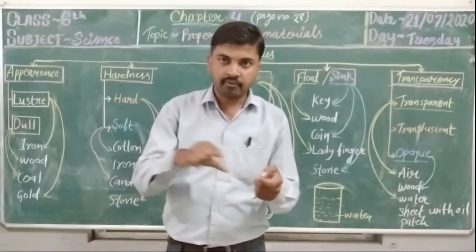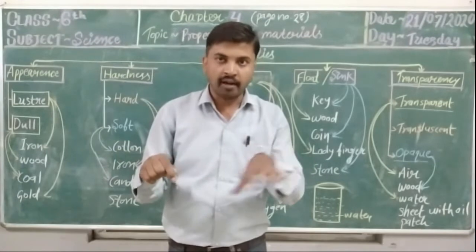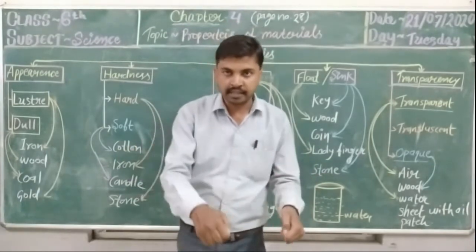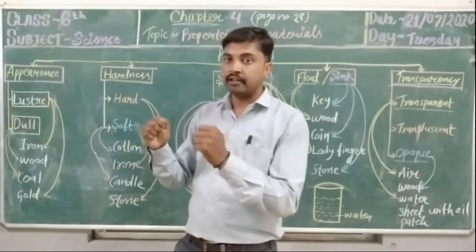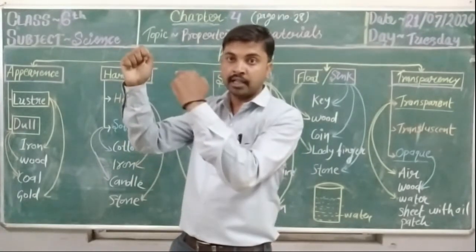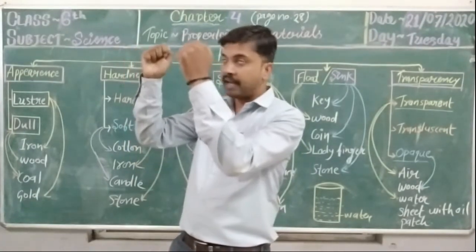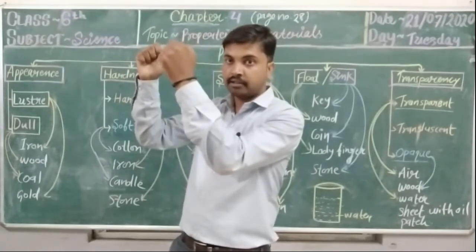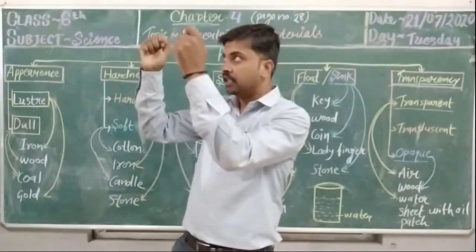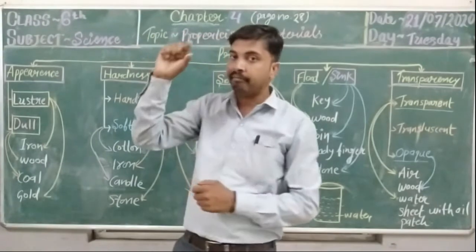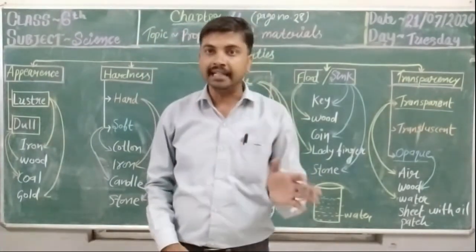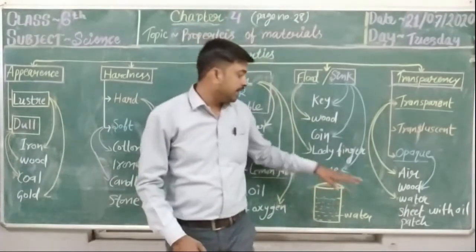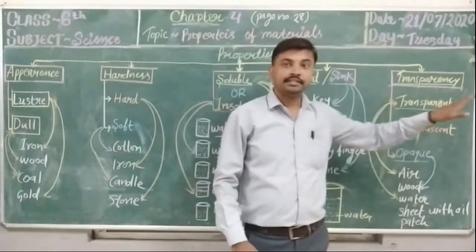So oil patches are found where oil is spread. So these are known as oil patches, and then we try to see the bulb through the patches present on the paper sheet. So we are able to see the bulb, but not clearly. It means it is a translucent substance.